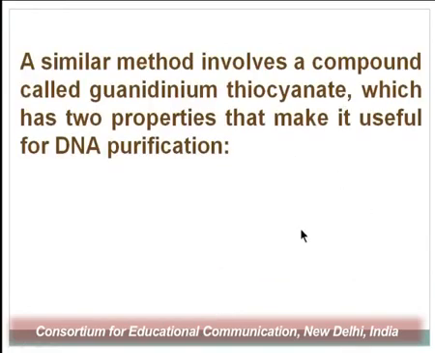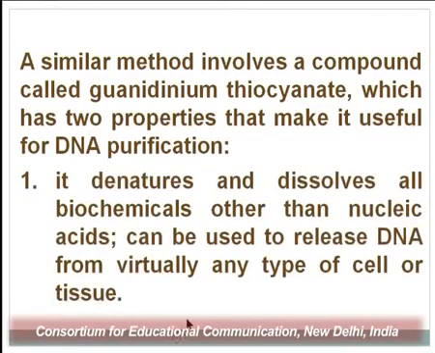Then there is another similar method that involves a compound called guanidinium thiocyanate, which has two properties that make it very useful for DNA purification. One is that it denatures and dissolves all biochemicals other than nucleic acids, and therefore can be used to release DNA from virtually any type of cell or tissue.